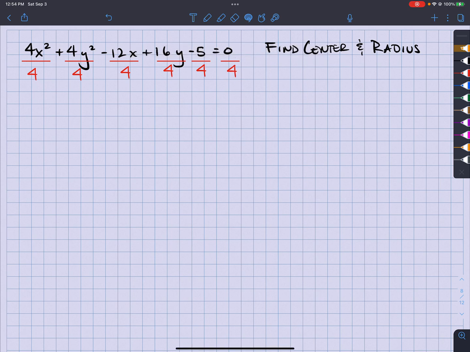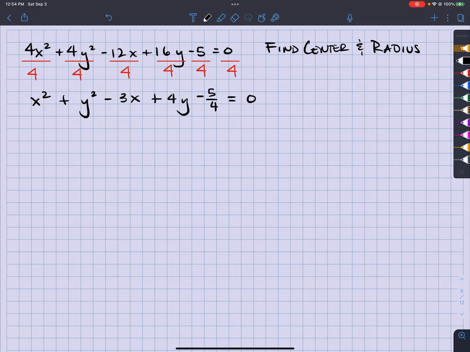And there we go. All right. So I'm actually going to have x squared plus y squared minus 3x plus 4y minus 5/4 is equal to 0.